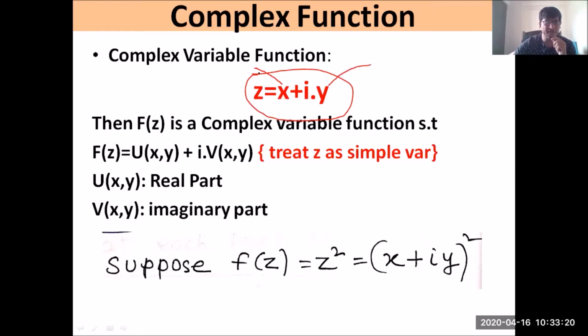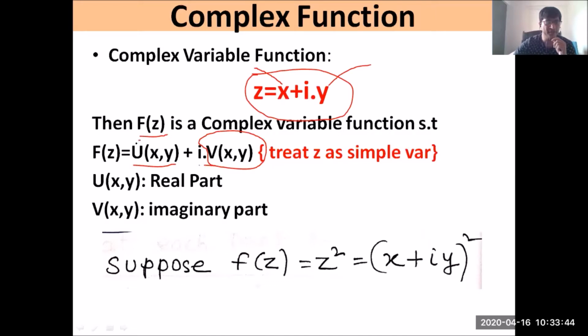Now we can define the function f(z) as a complex variable function which has two basic parts. One is u(x,y), a function which has been defined out of these complex variables, and then we have another function v(x,y), which we would call an imaginary function.